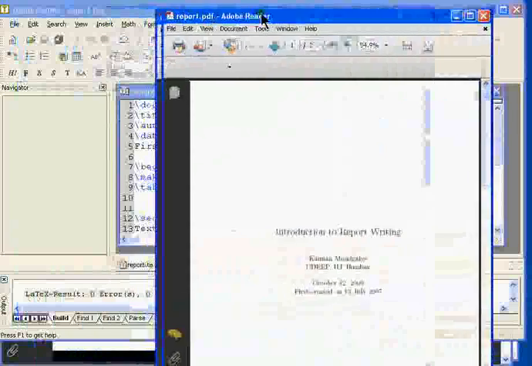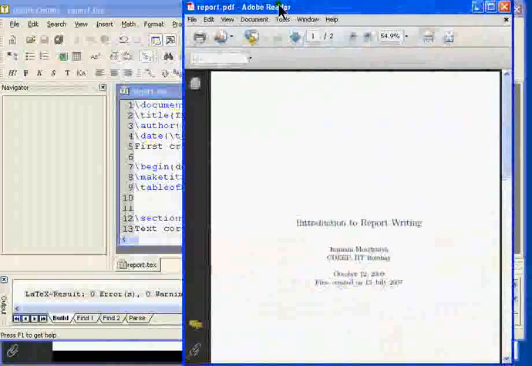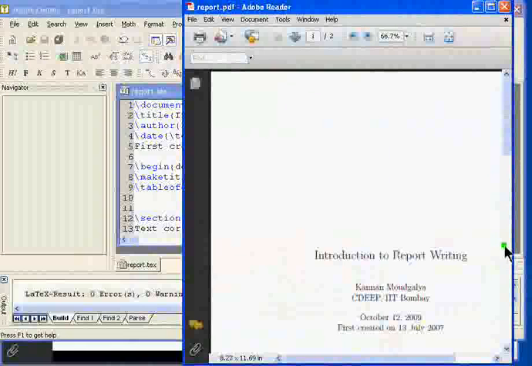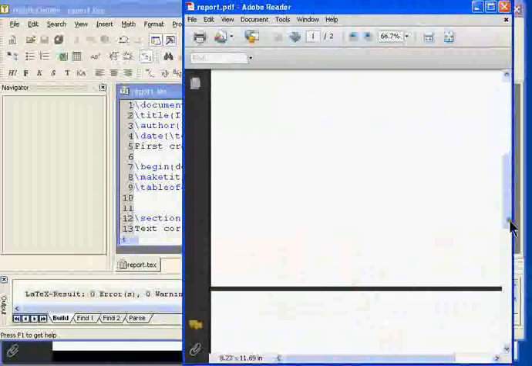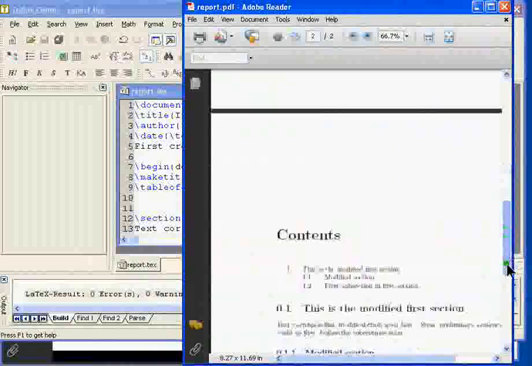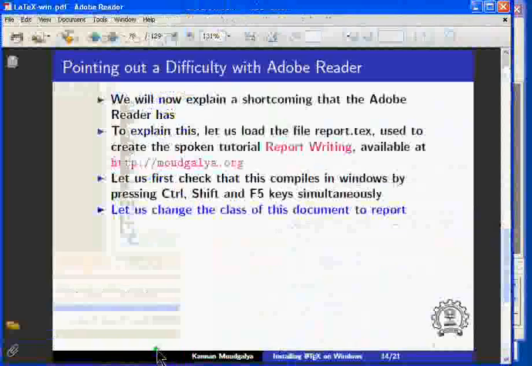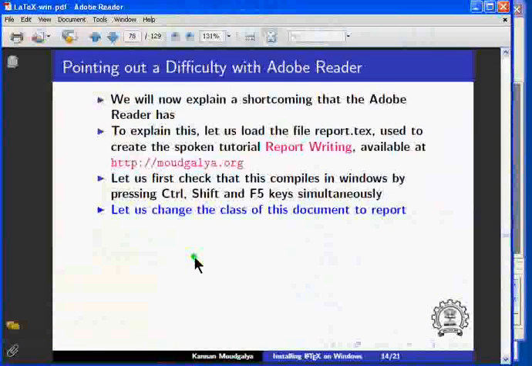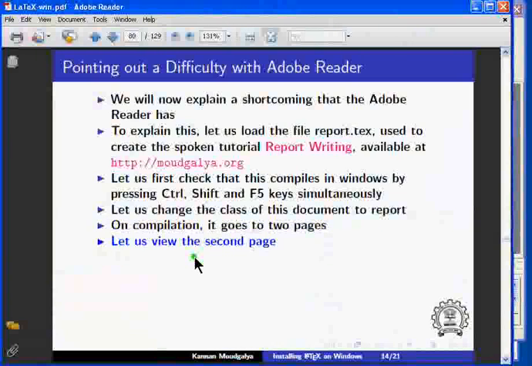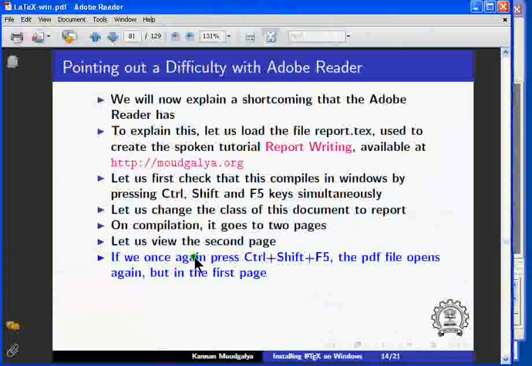Alright, now it has come to 2 pages. Okay, just take it back, make it bigger. Okay, let's go to second page. Alright, it is on the second page. So as we have seen, it goes to 2 pages, and mind you, we were looking at the second page.